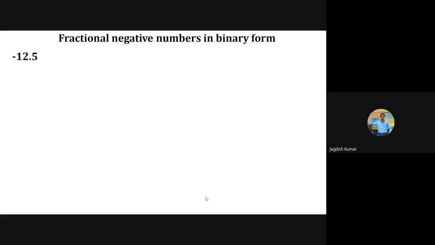Let us come to one more example now. Yesterday, there were queries regarding how we can represent fractional numbers. So now we will be seeing a few examples which will be representing fractional numbers.